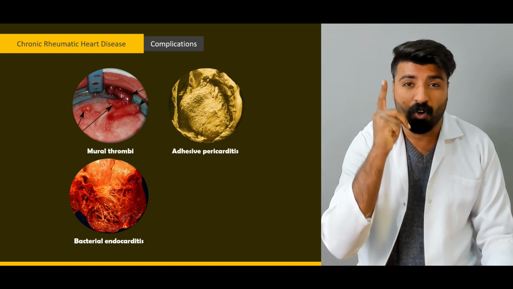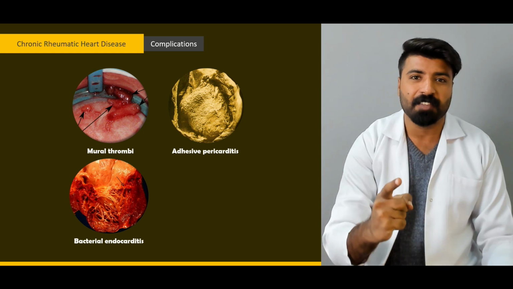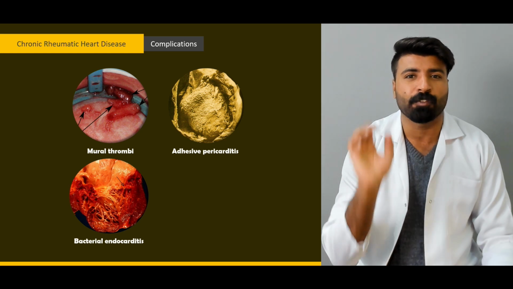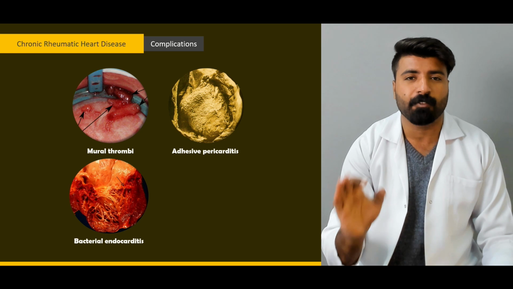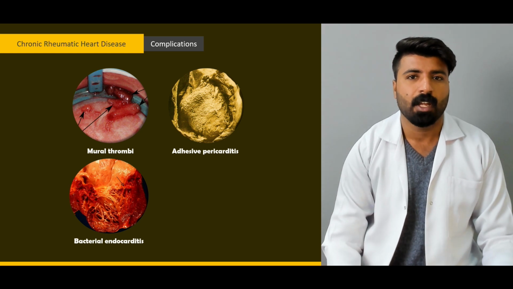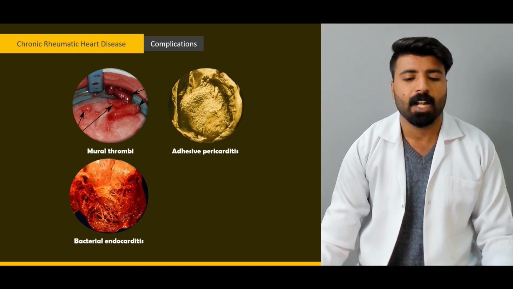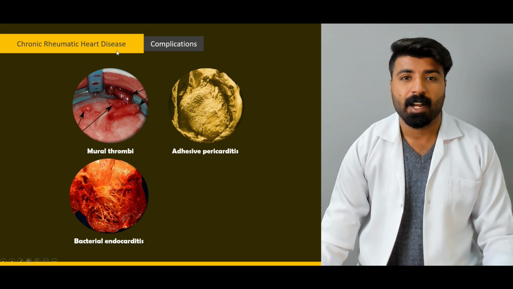Those valves which are already affected, those valves which are already under the scrutiny of the immune system. Now they find their most favorable environment in those valves, and they start progressing there, and that will lead to bacterial endocarditis. So bacterial endocarditis comes into play right after acute rheumatic heart disease.